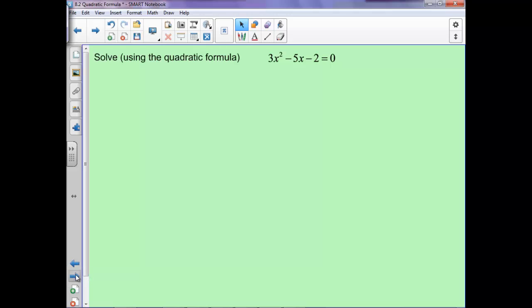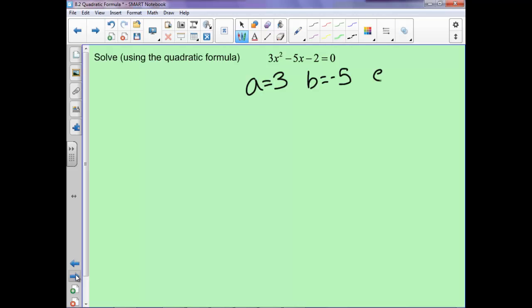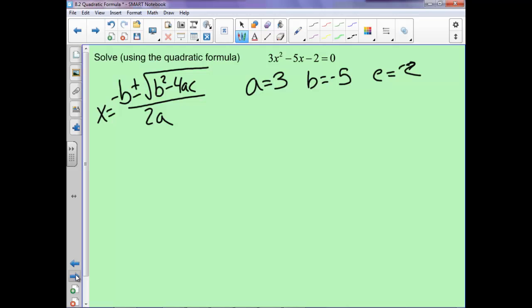So now, using the quadratic formula, notice our a is going to be 3, our b is negative 5, and our c is negative 2. And remember, our quadratic formula is negative b plus or minus square root of b squared minus 4ac all over 2a.